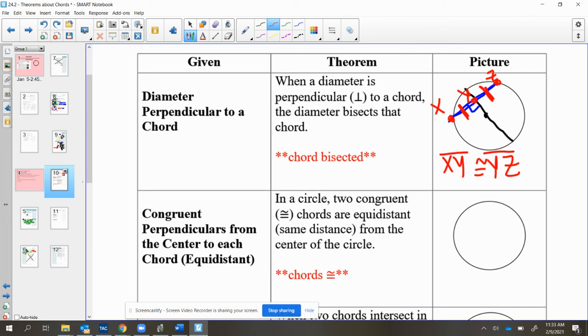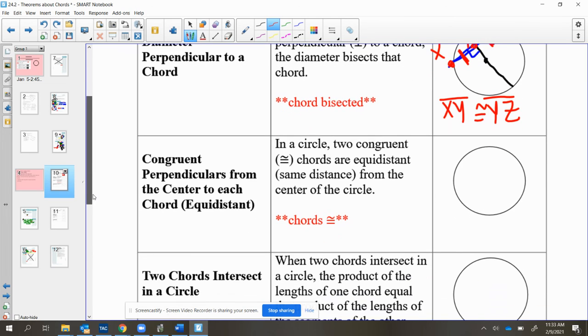The next one then is talking about the chords being congruent, and then they are also equidistant. So if we draw in 2 chords that we know are congruent, okay, let's call them XY, and let's call the other one AB. If these 2 chords are congruent, then we know they're the same distance from the center.